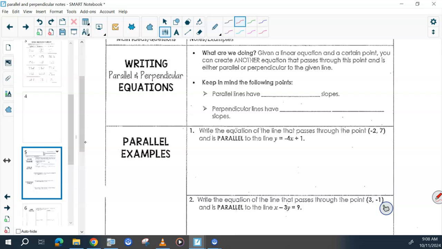The next page that says parallel, perpendicular, or neither, that's strictly for you to practice whenever you want. So go on to this page.